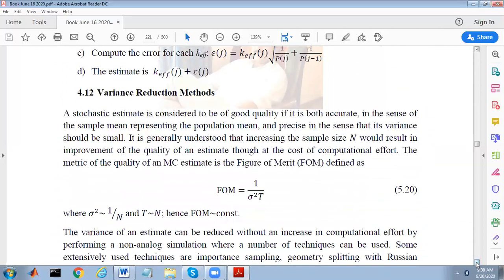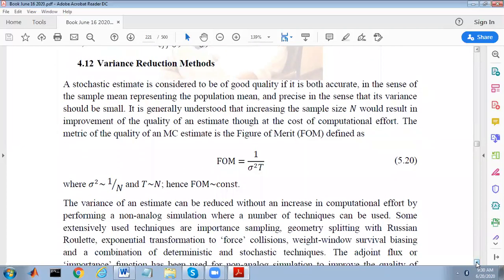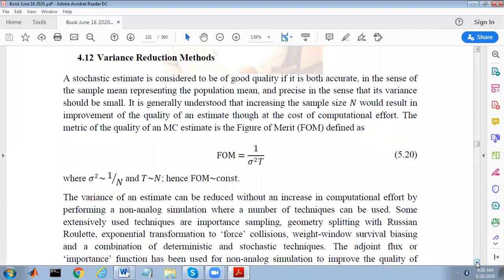Now, we did touch upon variance reduction earlier in the previous lecture, and this time I'm going to say what is good and what is bad. So a stochastic estimate is considered to be of good quality. Remember, I told you good quality. Good quality means that the result is accurate in the sense of the mean, and it is precise in the sense of the variance.